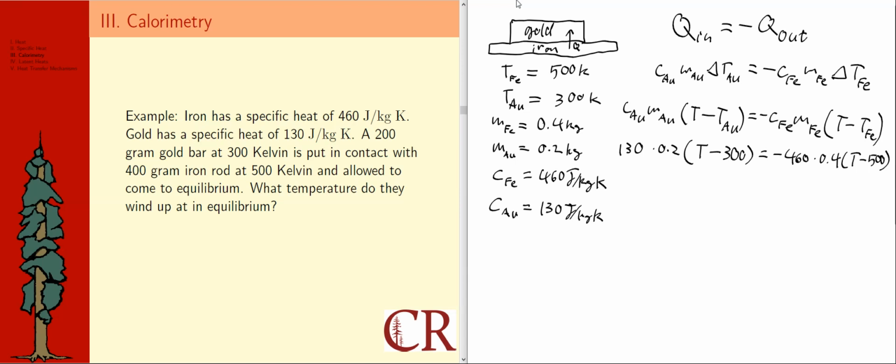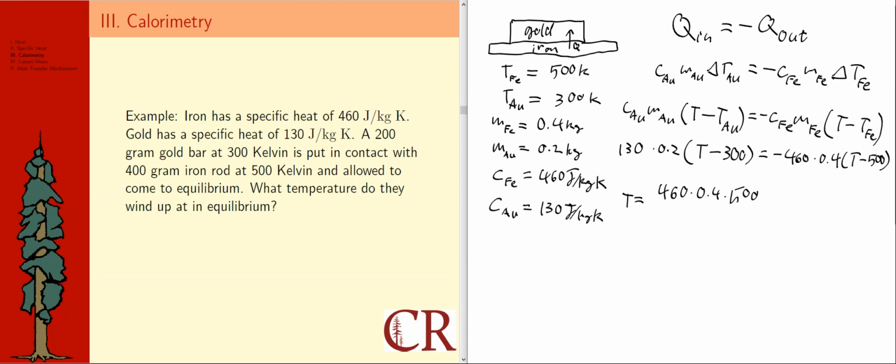I might not even have enough space to really do it, but what I can say is if you do a bunch of algebra with these numbers and isolate T, part of the expression you get is going to be 460 times 0.4 times 500.